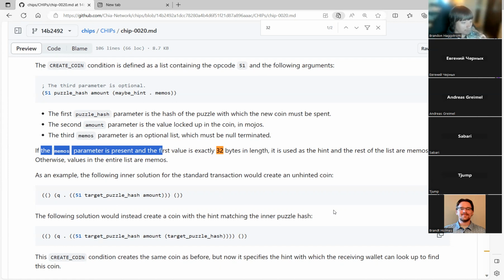But okay, so the wallet would just guess that it's meant to be used as a hint. Yeah. This is another good thing to clarify in the CHIP. It's a good question. Yep. And so I suppose if you want to just leave a memo, you could put in anything that's not 32 bytes, and wallets would just ignore it. It would just be a memo.